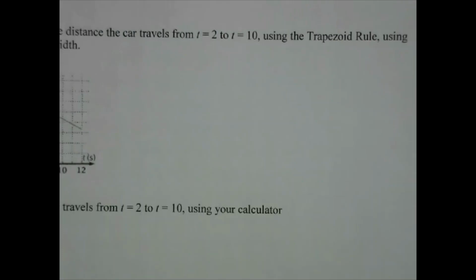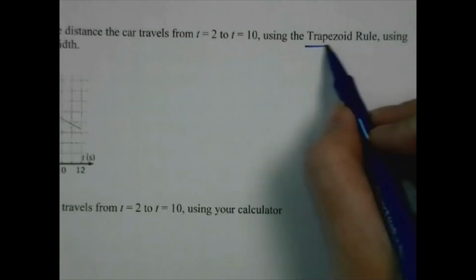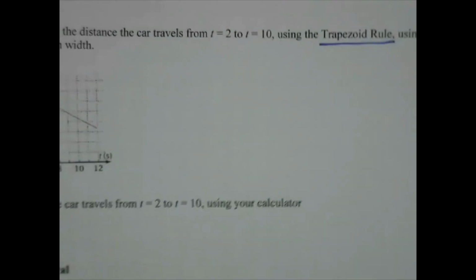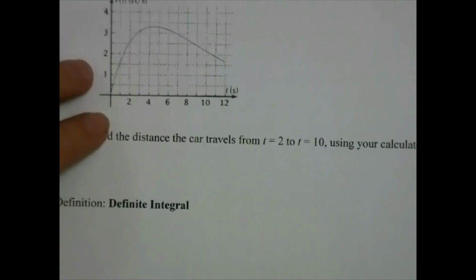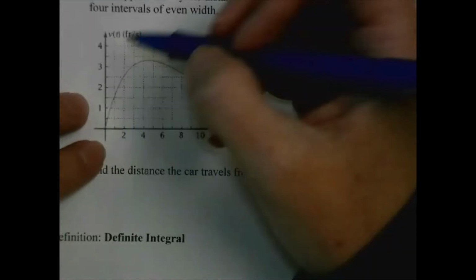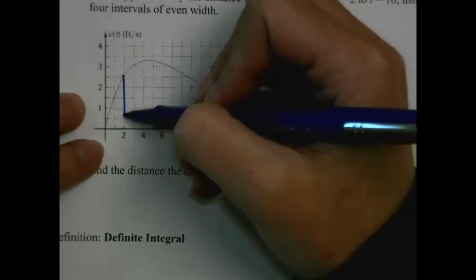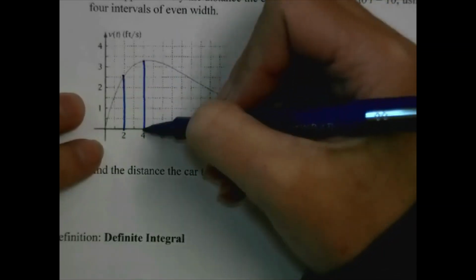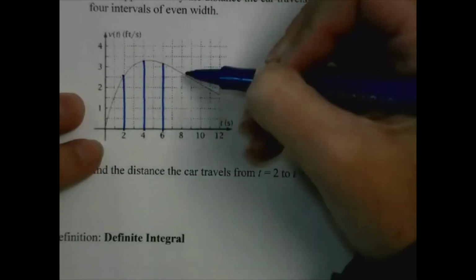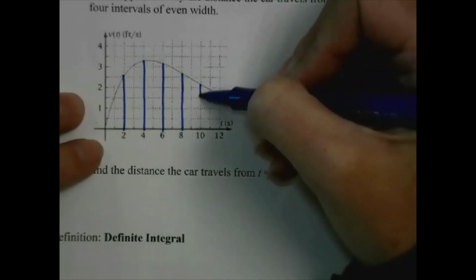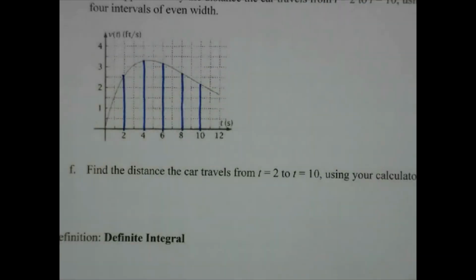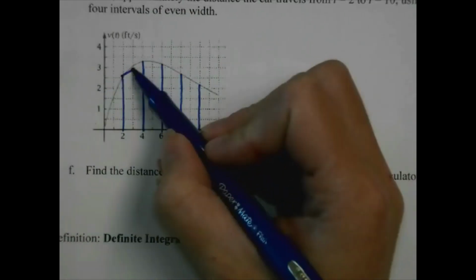We're going to do this one more way with something called the Trapezoid Rule. So on the graph, we're still going from 2 to 10, and we still have 4 even intervals. But rather than making rectangles, we're going to make trapezoids by connecting the endpoints.